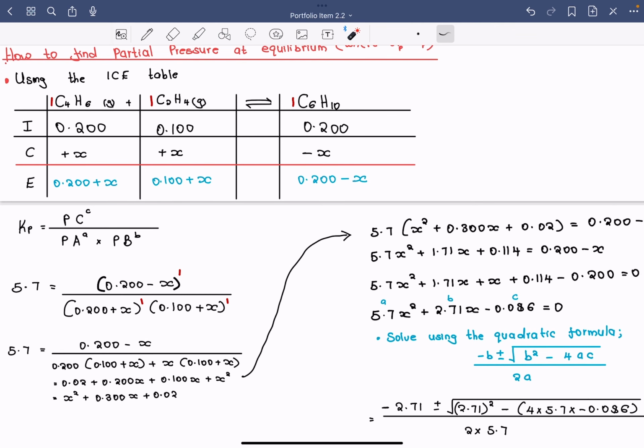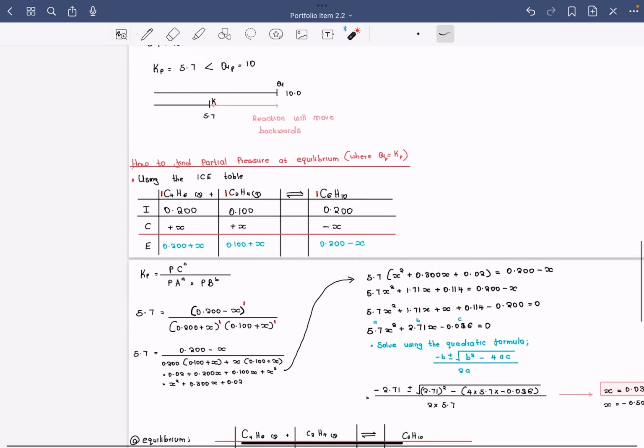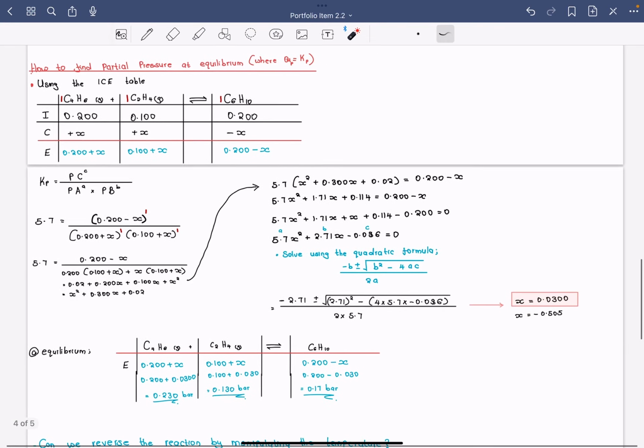So at equilibrium, we're going to take the initial concentration and add our change, which we're going to find using the quadratic formula. So at equilibrium, C2H4 will be 0.100 plus X, and C6H10 is going to be 0.200 minus X. And what equation do we use to solve that?